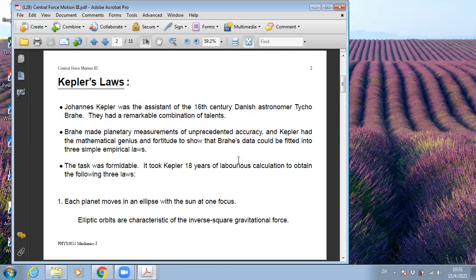But it is amazing that if you have such a huge set of data and you don't have a computer, and you try to fit it with a function, how can you do it? Have you ever thought about that? You don't have a computer. You don't have a calculator.